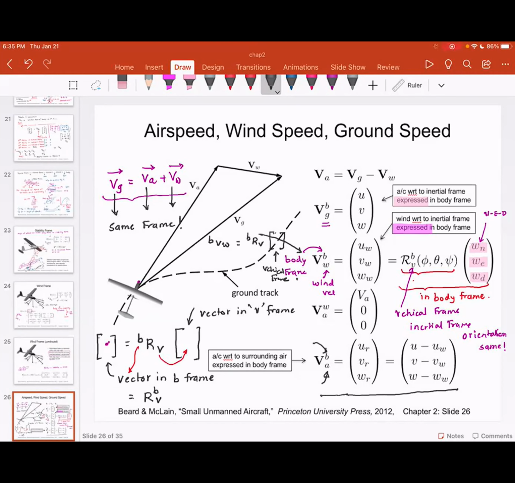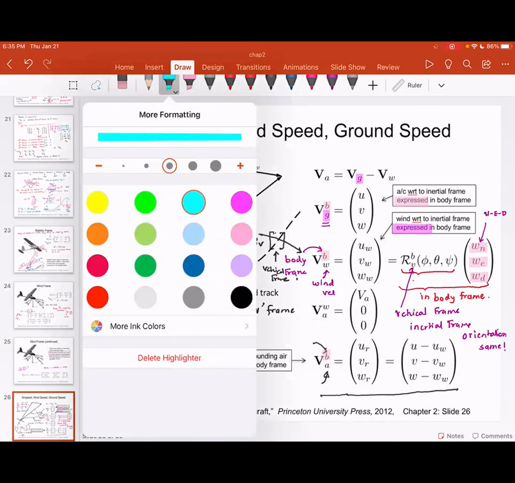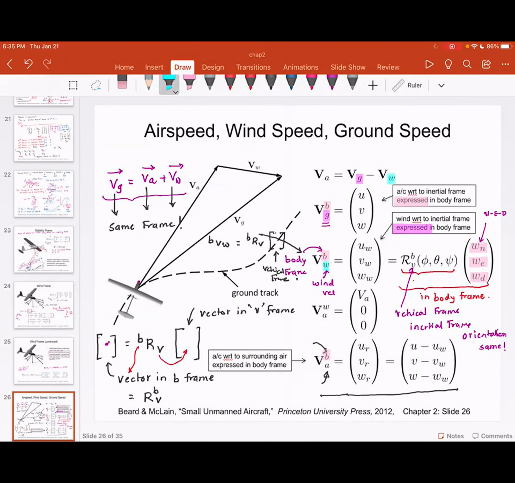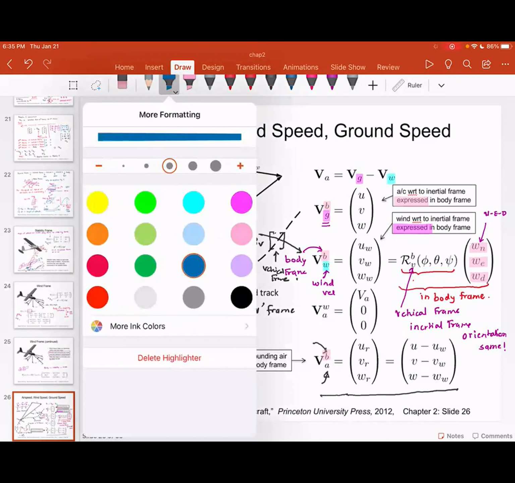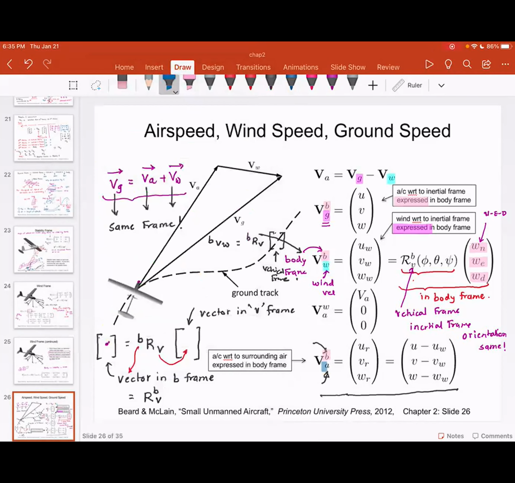For this vector equation to be consistent, everything has to be expressed in one frame, and here we choose the body frame. So check this out: this is body, this is body, this is body. And this is G, this is W, and this is A.